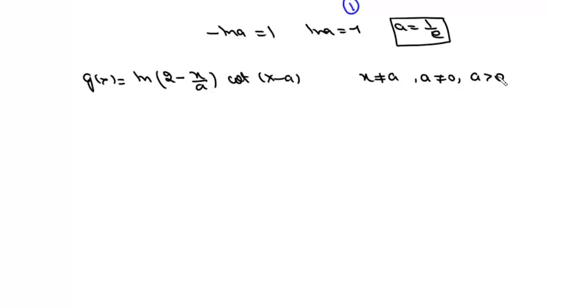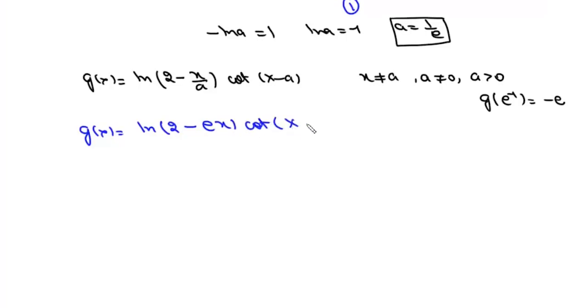And it says if g(x) is continuous at x equals a, then show that g(e⁻¹) is equal to minus e. Now basically a in this case is 1 upon e. So we can write this g(x) as log(2 - ex) into cot(x - 1/e) when x is unequal to 1 upon e.